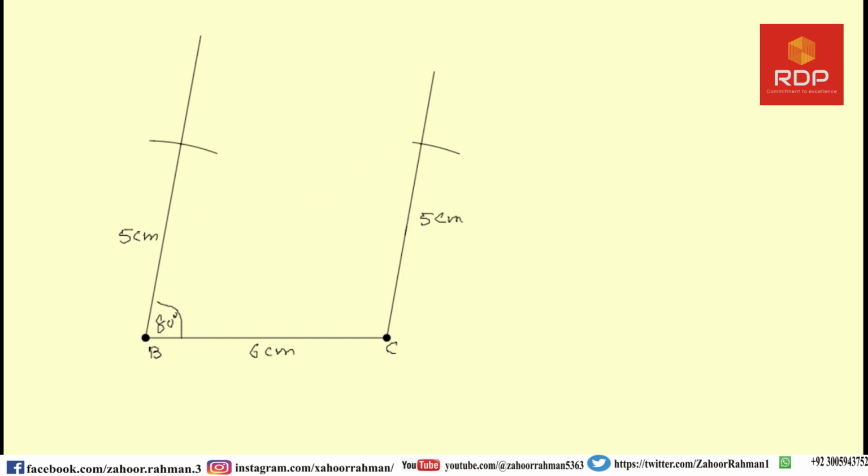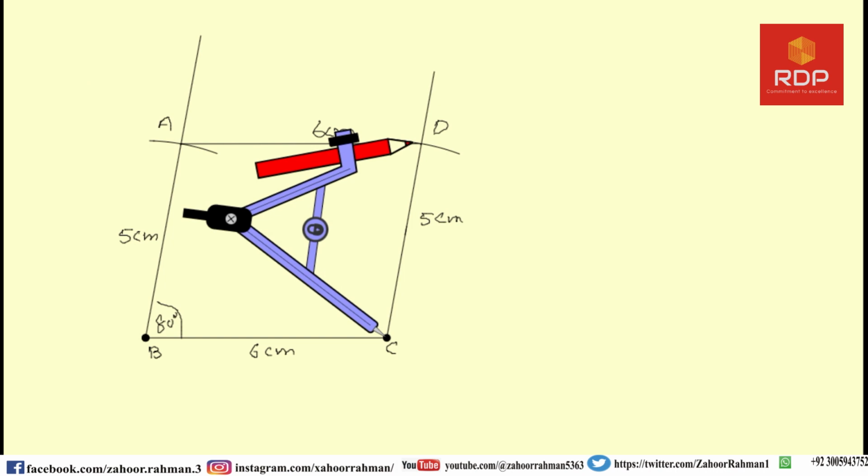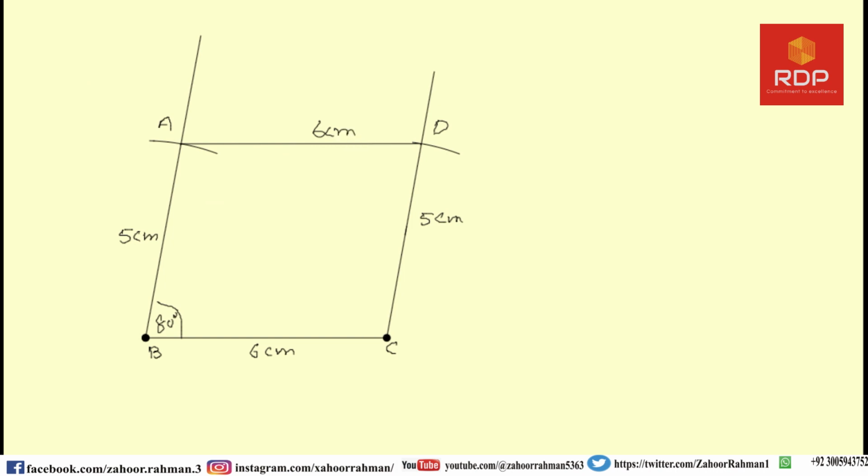Now the next job is you can draw it, or you can directly connect these two lines, and let me label it as A and this is D. So this will also be 6 centimeter. Our job is to find this line which is BD, and we have to measure this length.